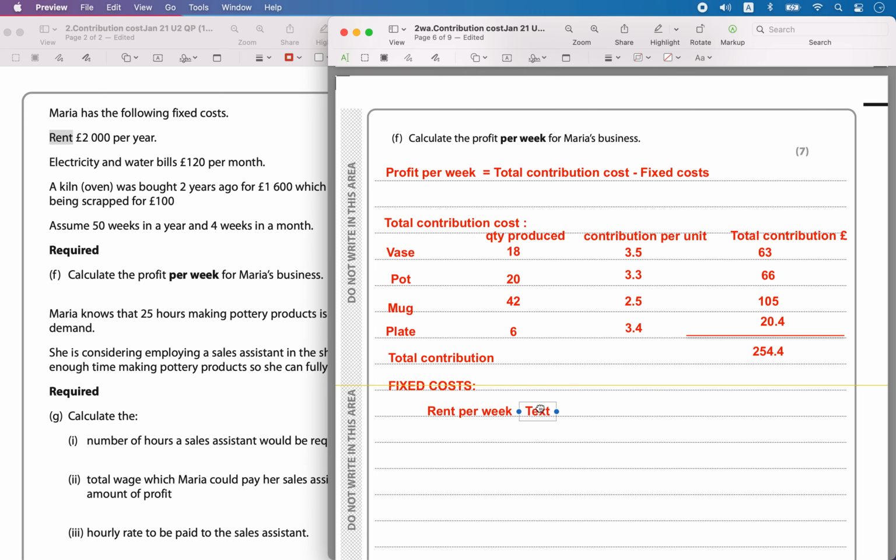So that is going to be 2000 divided by 50 weeks, because per week we have to calculate. So that is going to be equal to 40 pounds per week.